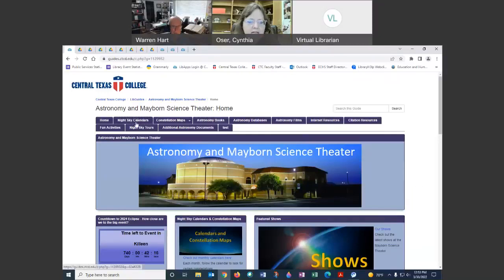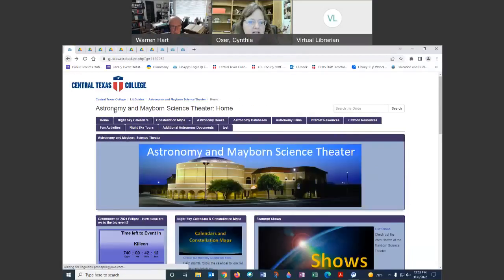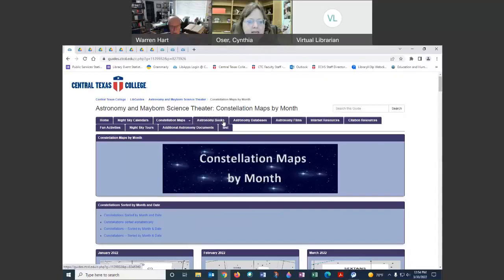The calendars are here, and the various constellations are by month or season or order here. And they can click on any one of them and copy it, and then get a blank piece of paper for your printer and print it out.